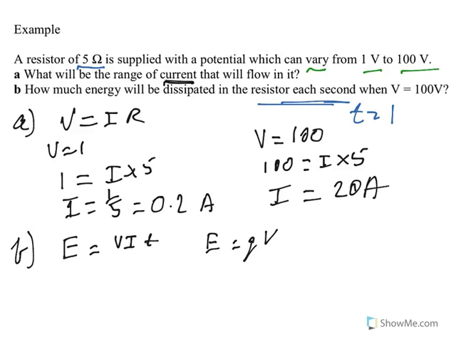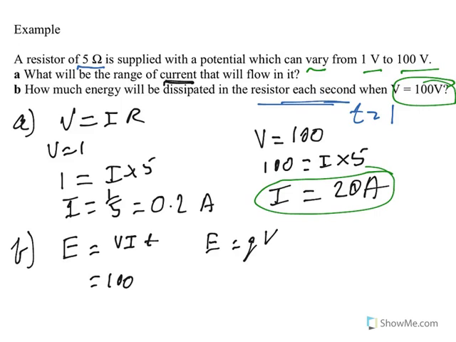We've got voltage. And we figured out in part A, current. So what we're going to do is say 100 times the current, which is 20, times the time, which is 1 second, and so the energy that's dissipated is 2000. Because it's energy, it's measured in joules.